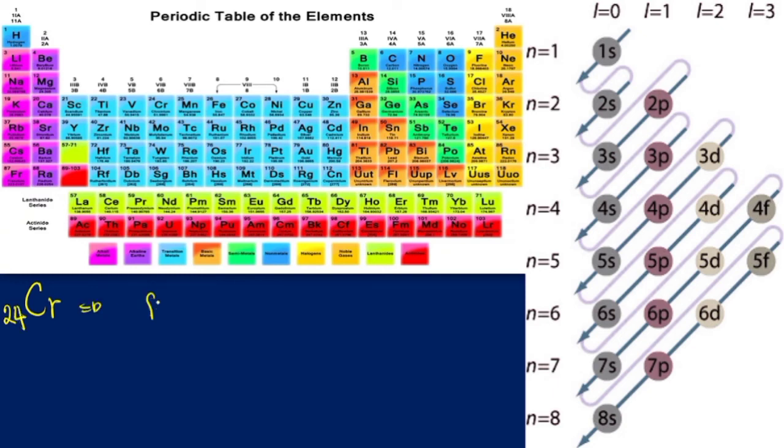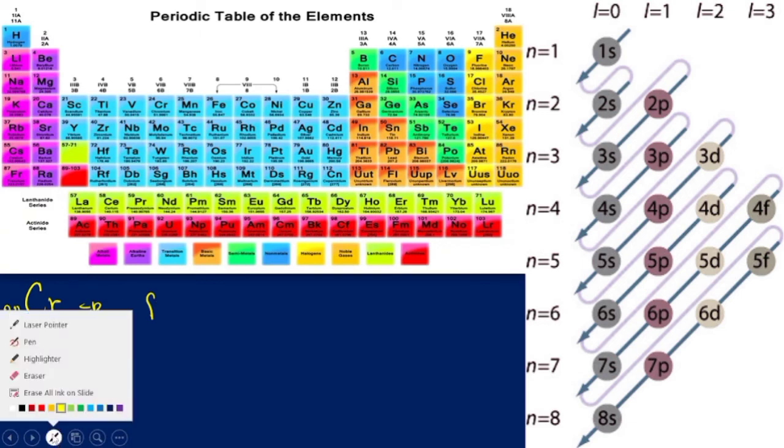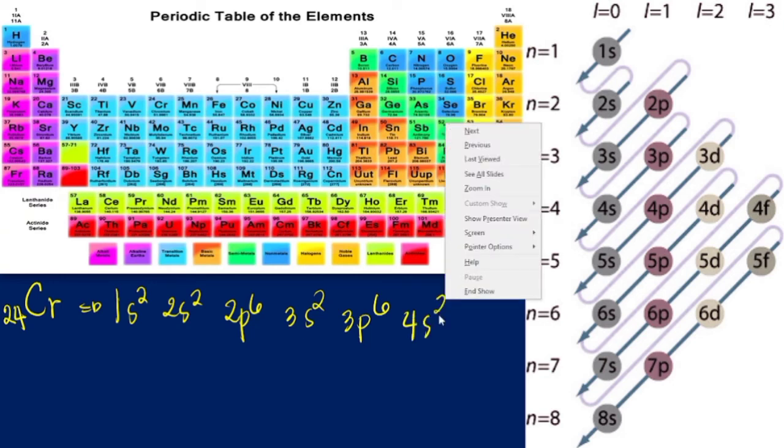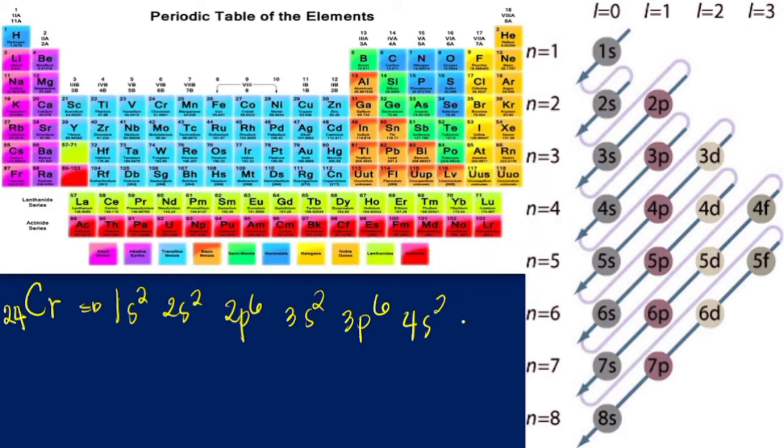So that would be 1s2, 2s2, 2p6, 3s2, 3p6, that would be 18. And then 4s2, and of course 3d4.